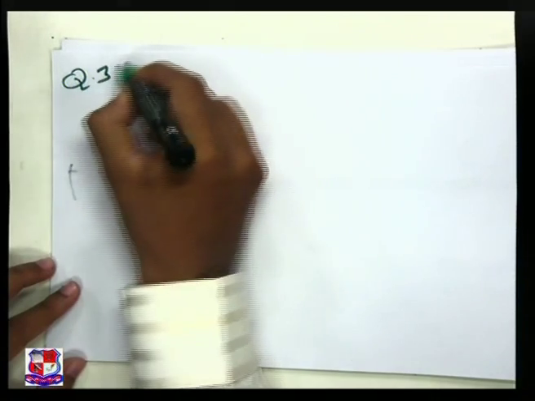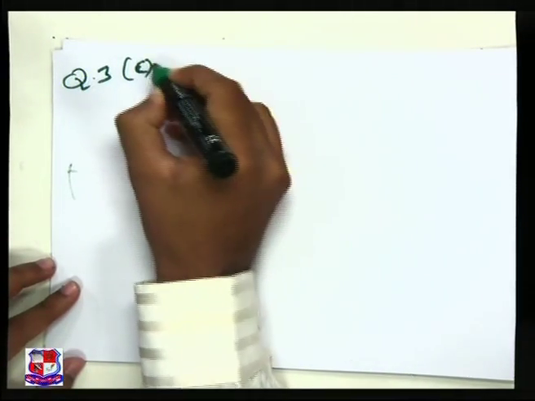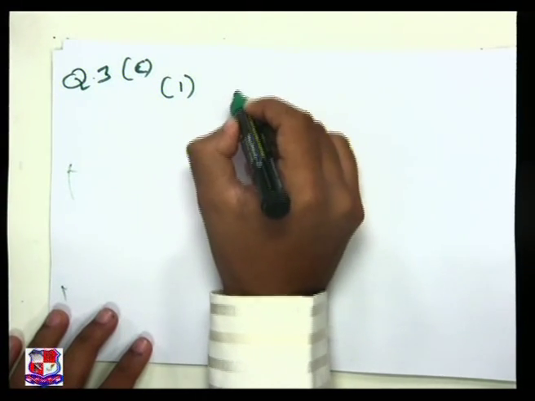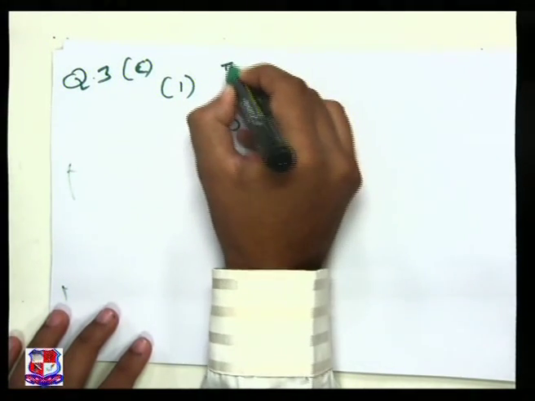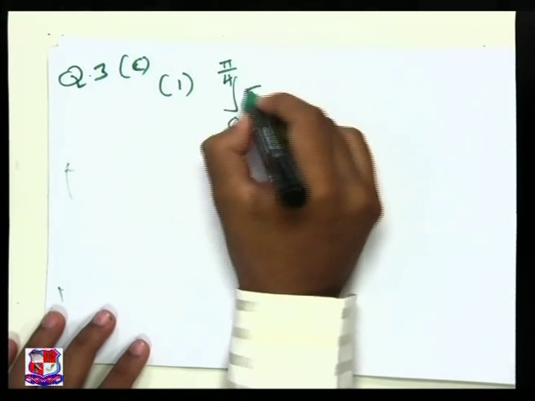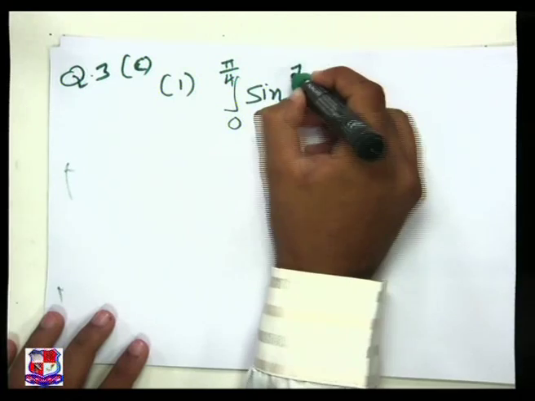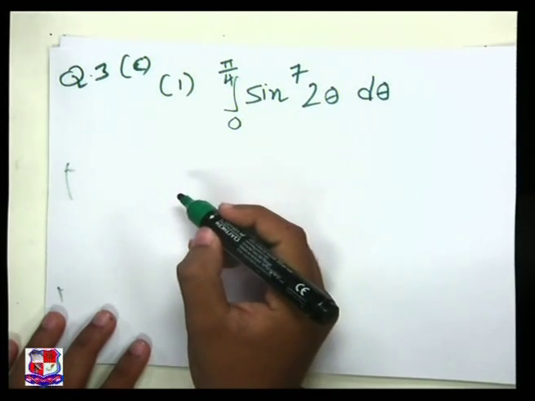This is question number 3c, the first part: the integration from 0 to pi by 4 of sin 2 theta raised to 7 d theta.